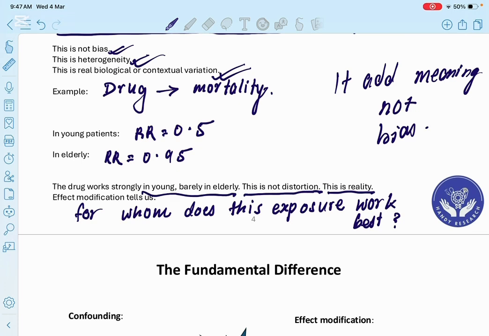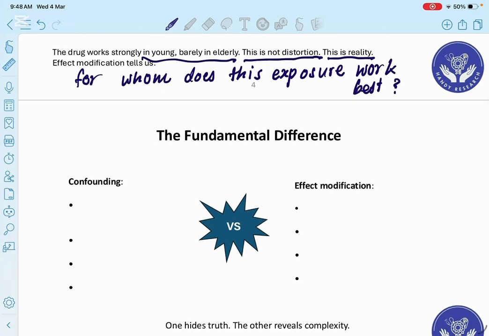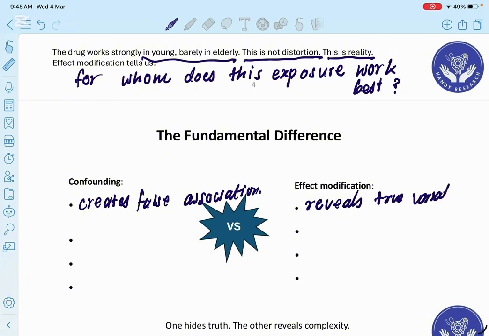Okay, let's go through the fundamental difference. What is confounding and what is effect modification? Confounding creates a false association, it distorts the magnitude. While effect modification reveals true variation in effect.